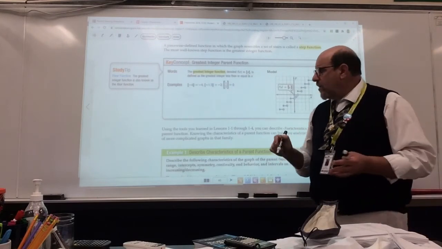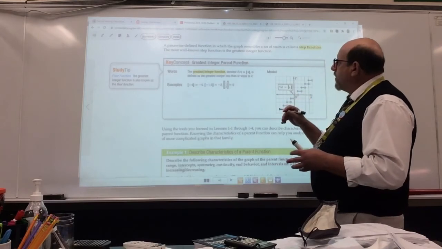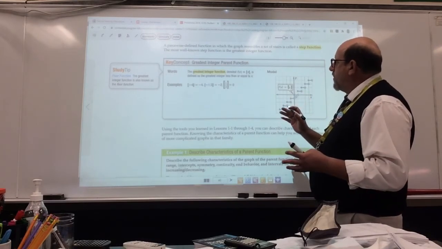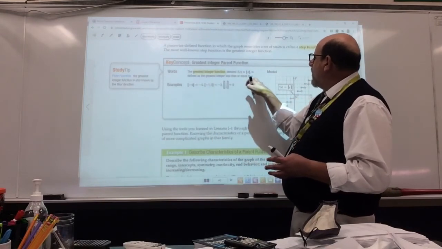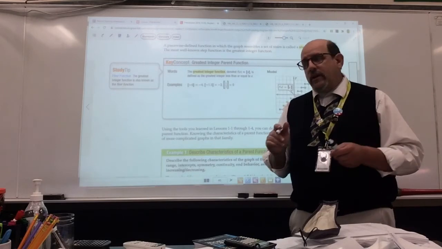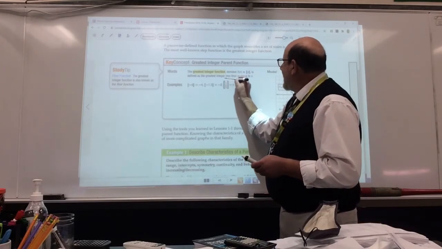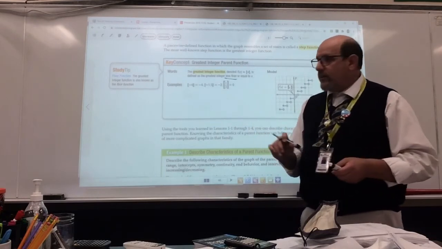The easiest thing to know about this is that when we're talking about the greatest integer, it's the greatest integer that's less than or equal to the value that you've been given of x, right? The greatest integer that is less than or equal to x. And I need you to understand that. Why?